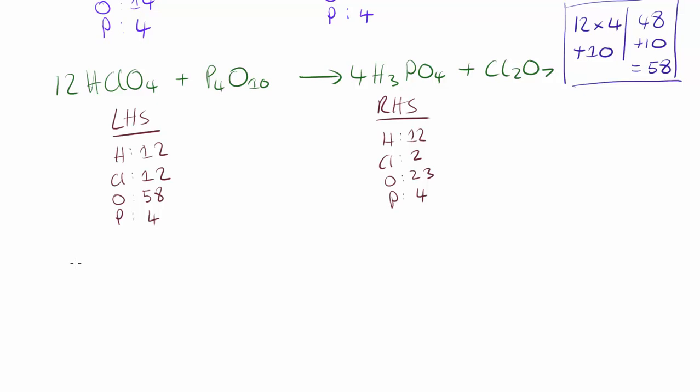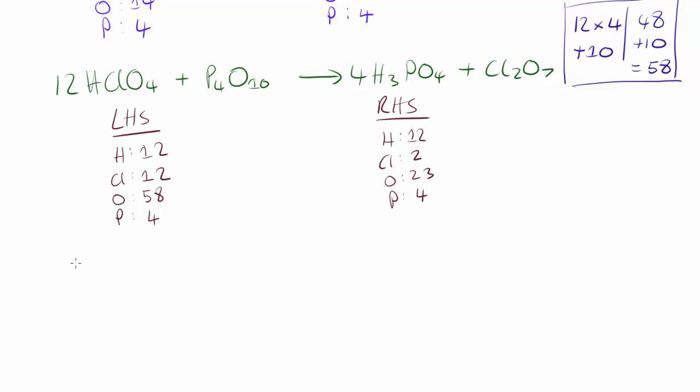However, we do have to select what our coefficient would be. So one of the things we can do is work on figuring out a multiplier, right? I'm going to focus on applying a multiplier for chlorine specifically, because chlorine occurs only in that species, whereas oxygen occurs in both.